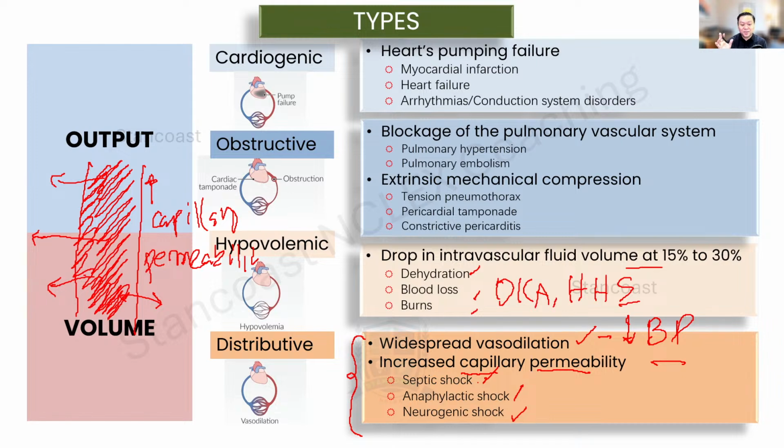Normally the fluids stay in the bloodstream. But here, with the onset of the infection, or because of the anaphylaxis, or the neurogenic shock, the fluid will leak out from the blood vessels, congregate in the interstitial spaces, and lead to low blood pressure.